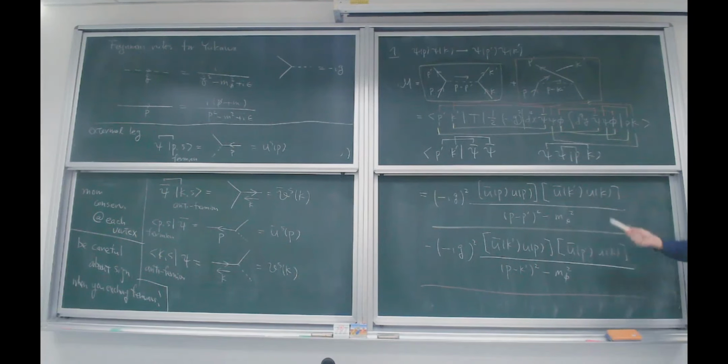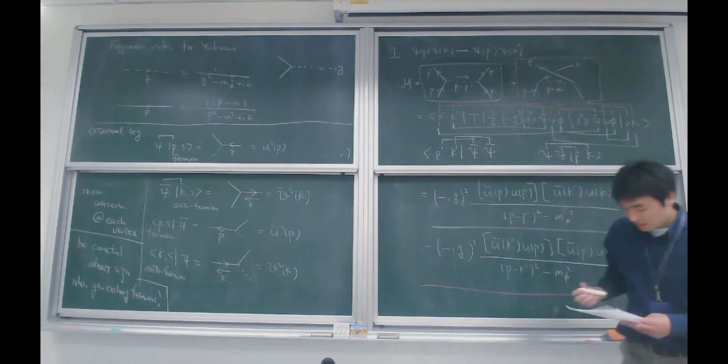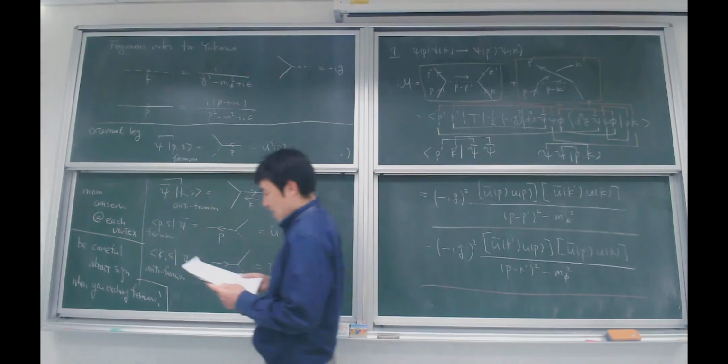And you have an inner product. And the phi and phi will give you the propagator. And the momentum, you just impose momentum conservation. It should be p minus k. Do you understand? Hopefully you understand.